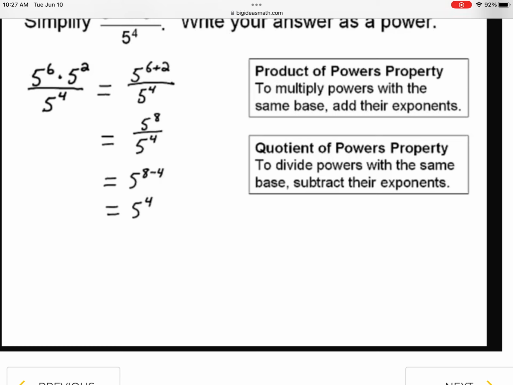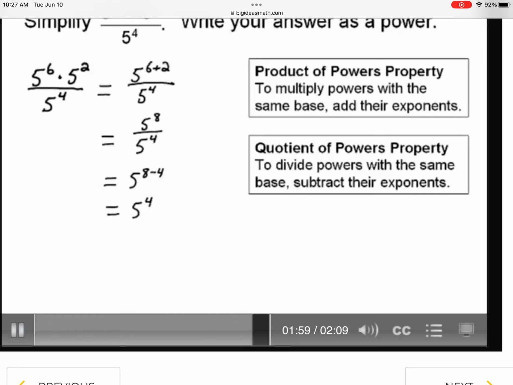So, 5 to the 6th times 5 squared, all divided by 5 to the 4th, is equal to 5 to the 4th.